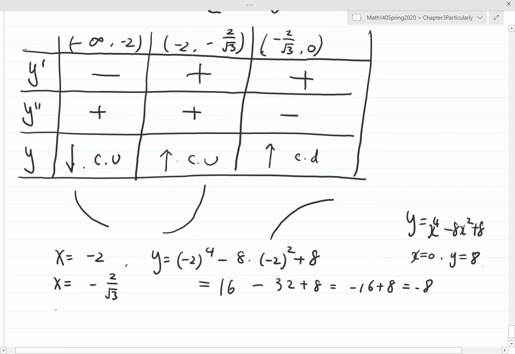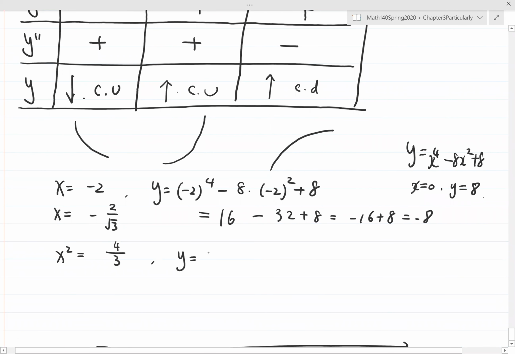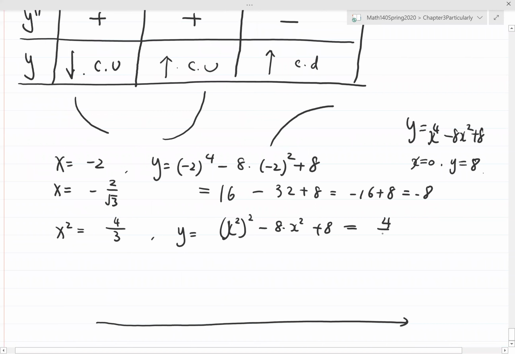So when x is plus or minus root 2 over root 3, x squared is 4 over 3. Then y is x to the power 4 minus 8x squared plus 8. So this is 4 over 3 squared minus 8 times 4 over 3 plus 8.